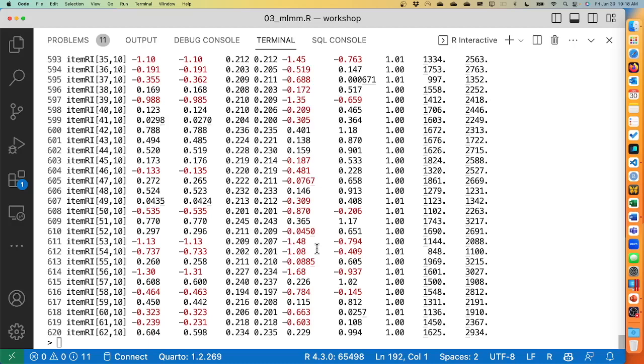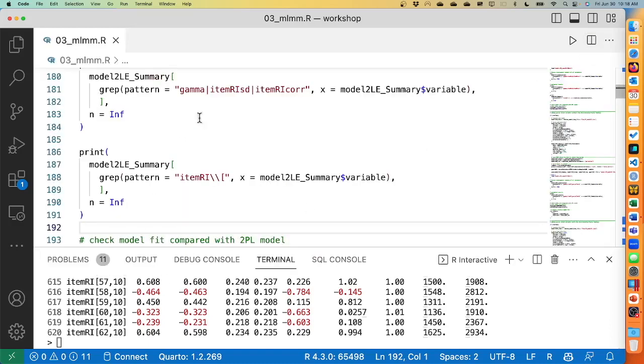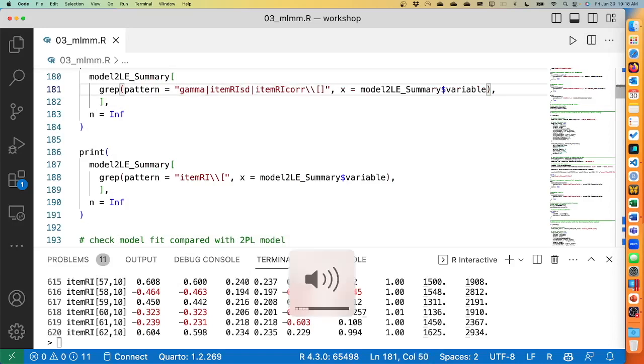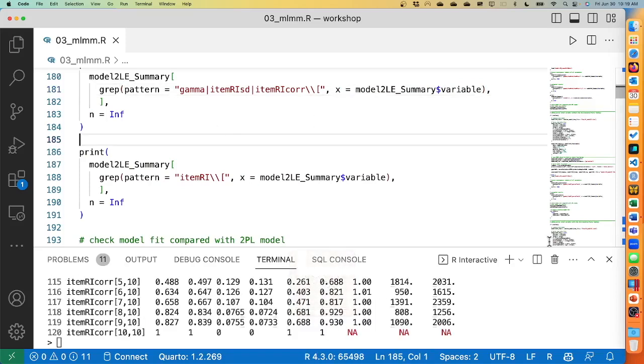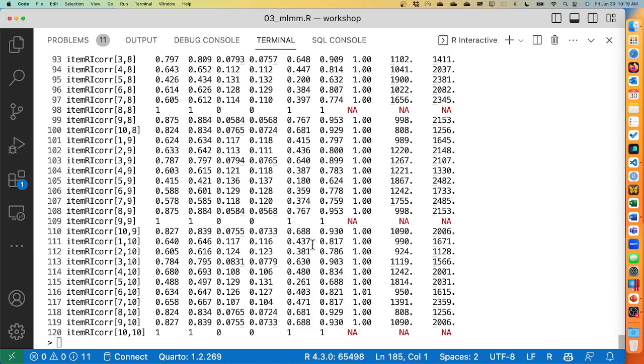I'm confused about those correlations between the random items for each school and what exactly that is telling us. Well, what it's telling us is a school's deviation from the overall average for the item happens to be correlated across each of the items.